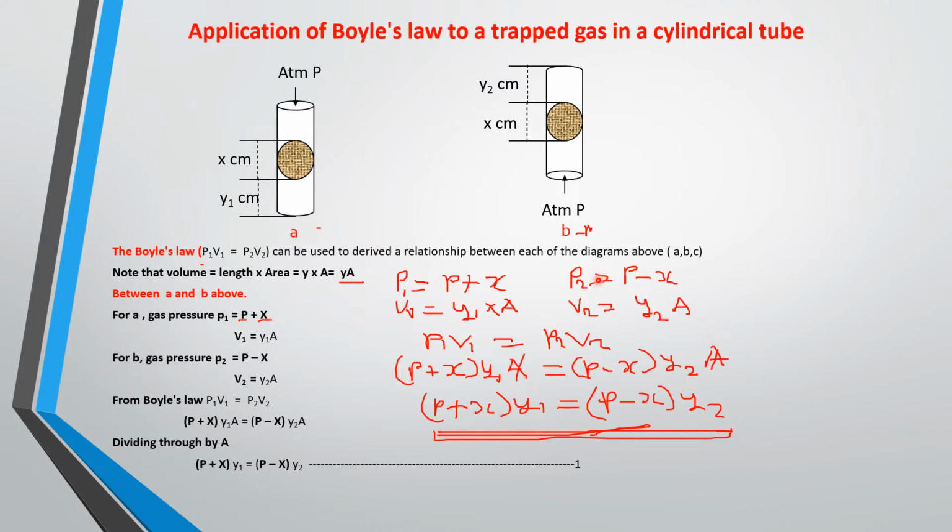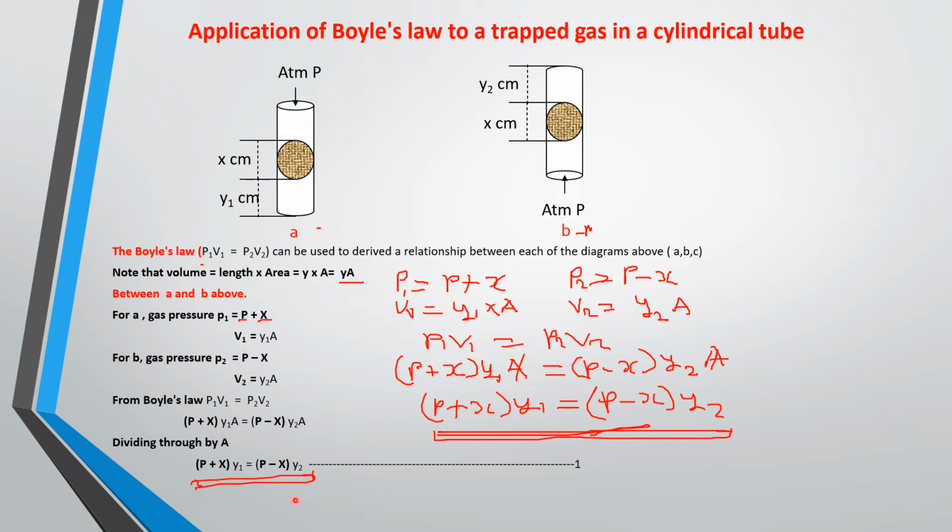Then your P2 is atmospheric pressure P minus X, which is the length of mercury, and your V2 is the volume of the gas at this point. So with this you can find the volume of the gas in any of the situations. So this is the equation, and this is how to apply Boyle's law to this situation.